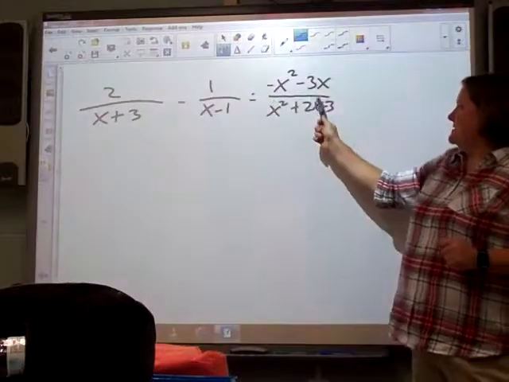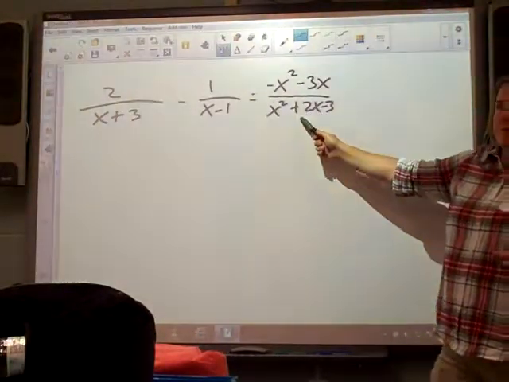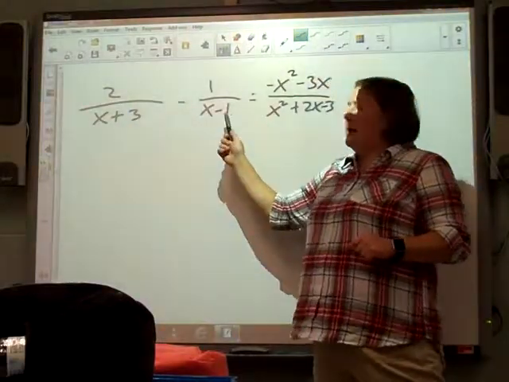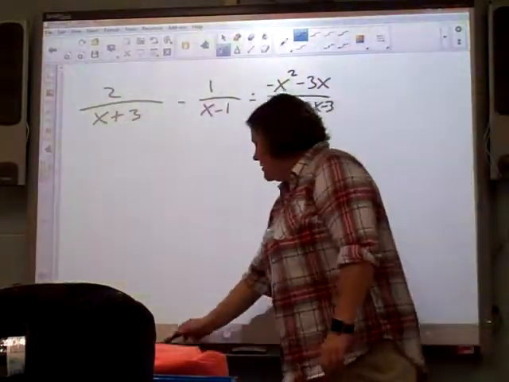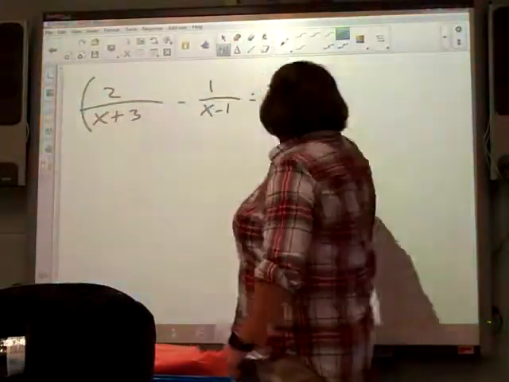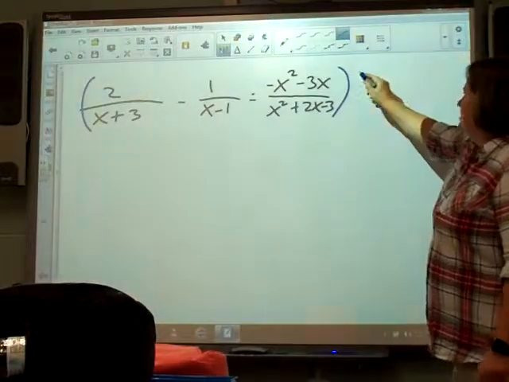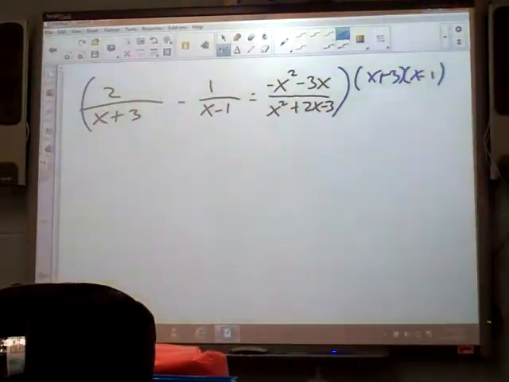So, a times c, what factors of negative 3 add to 2? 3 and negative 1. So this makes our job a little bit easier now. We don't have to do that factoring step. We already know that our common denominator is going to be x plus 3 times x minus 1.